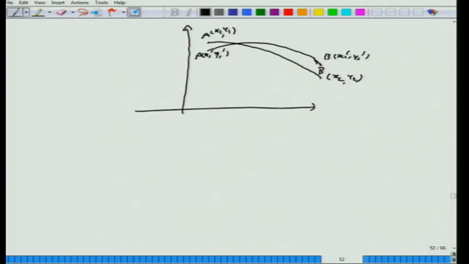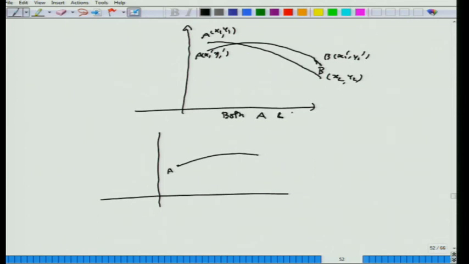y2'). Or the situation could be like this, that only A is fixed and here both A and B are moving. Here A is fixed, B is moving.